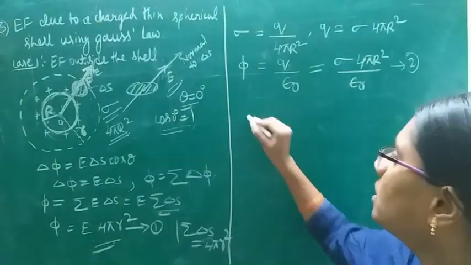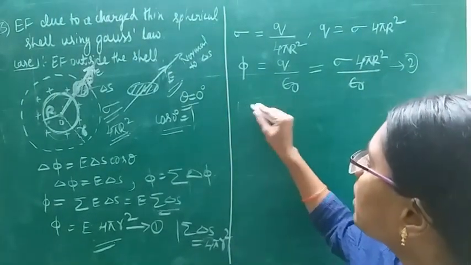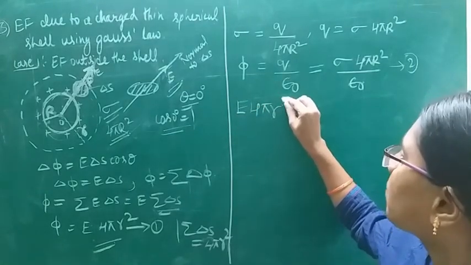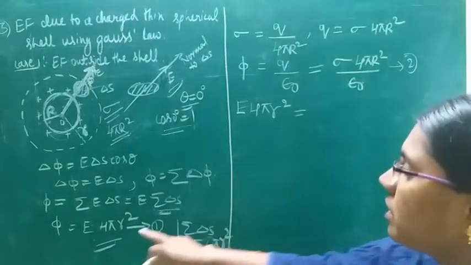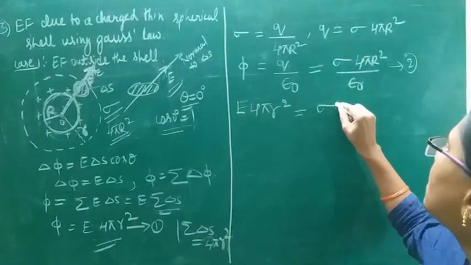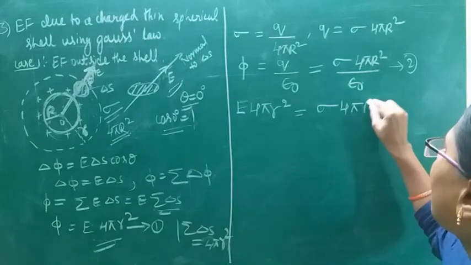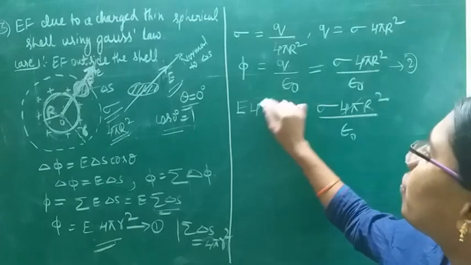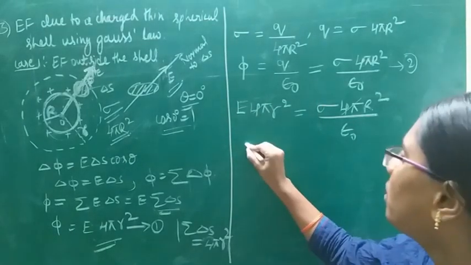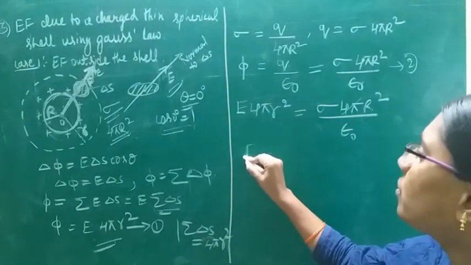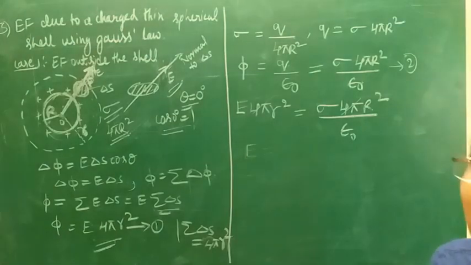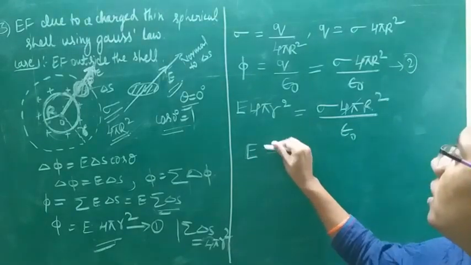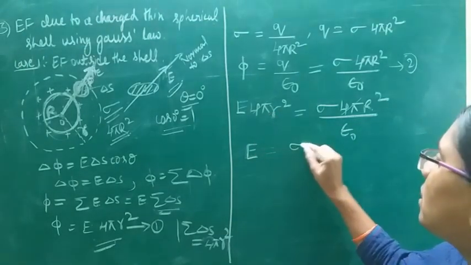Now substitute here. So E into 4 pi r square is equal to sigma into 4 pi r square divided by epsilon naught. This 4 pi and 4 pi get cancelled. Therefore, we write the electric field due to a thin spherical shell as E is equal to, now take r square to this side, it comes to the denominator.